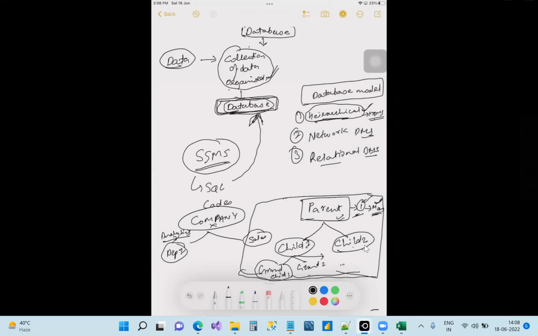In the analytics department you can keep your analytics employee, and over here you can keep the sales employee, sales amount. So this is actually hierarchical, isn't it?